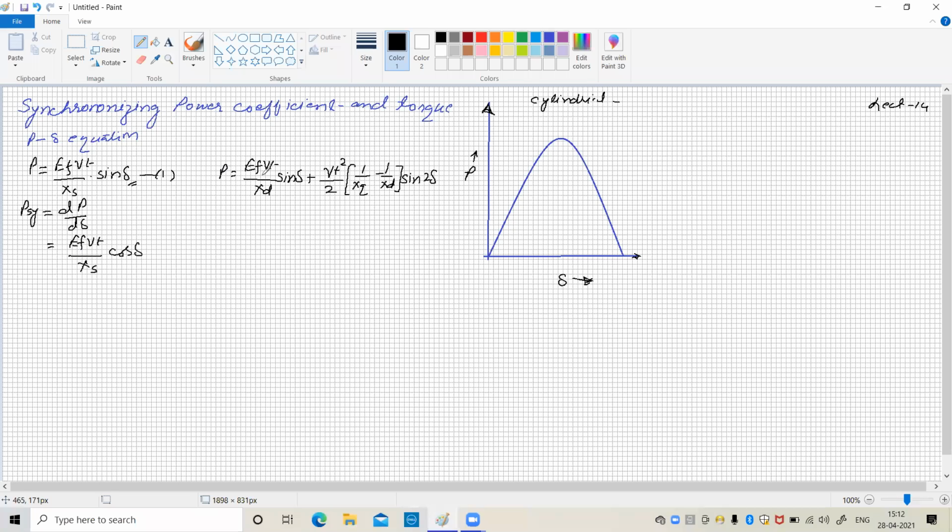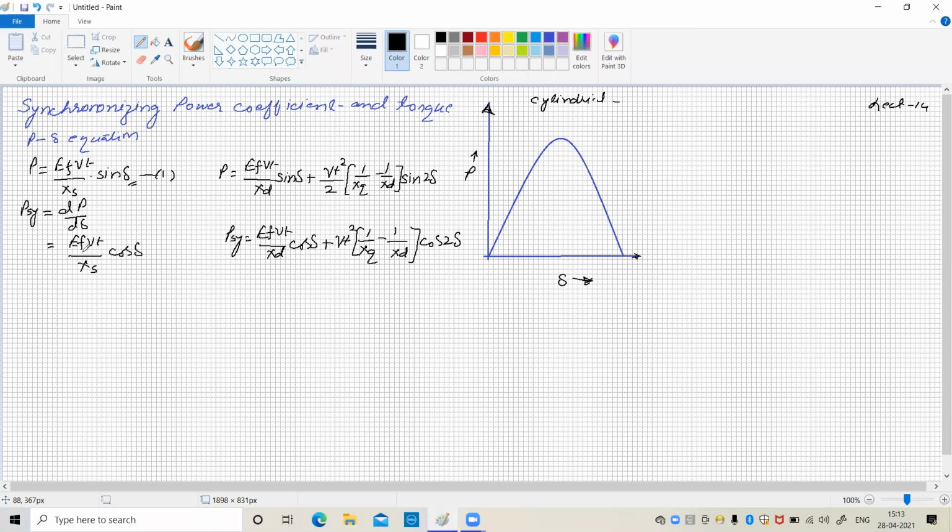And for the salient pole synchronous machine, dP upon d delta, that is PSY, is equal to EF Vt upon Xd into cos delta plus, the 2 gets cancelled, Vt square into bracket 1 upon Xq minus 1 upon Xd into cos of twice delta. So these are the values of the synchronizing power coefficient.